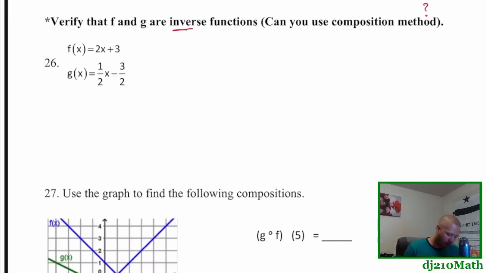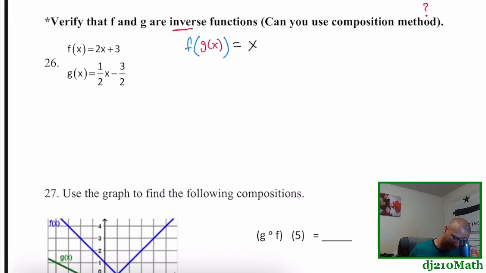So what this is saying is that if you compose f with g, I mean g with f, putting g of x inside of f, and then calculating, simplifying somehow, some way, and that equals x.